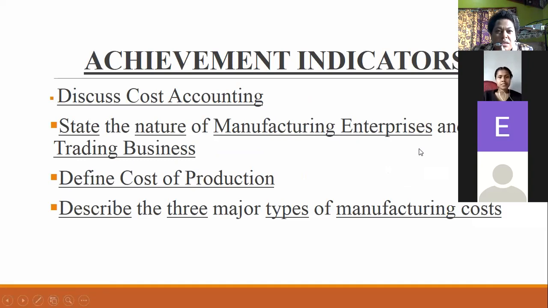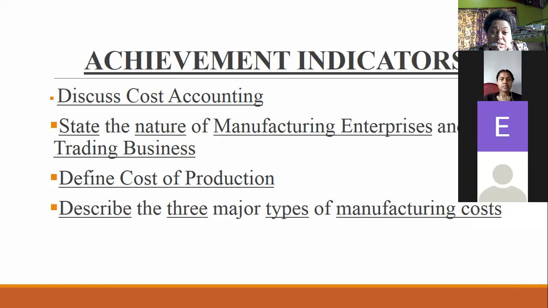Now before we progress to our achievement indicators, this strand is totally new. Cost accounting is totally new compared to year 11 and year 12 accounting. This strand focuses on industries.